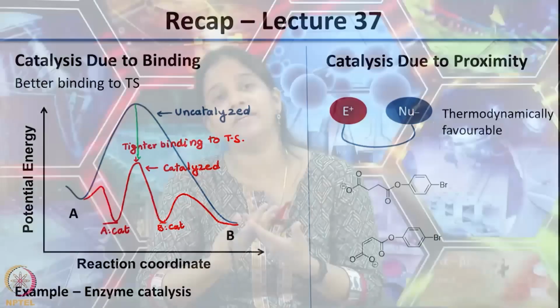The enzyme and substrate form a complex which is highly stable, and the enzyme substrate complex, because the substrate is close to the enzyme, the reaction takes place. You have a transition state which is further stabilized more by the enzyme, and then you have the product being formed. So we had also derived the rate law, which is commonly called the Michaelis-Menten kinetics for enzymes.